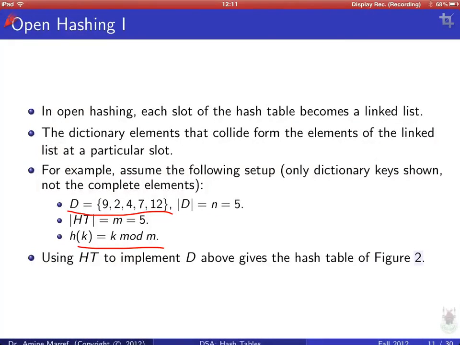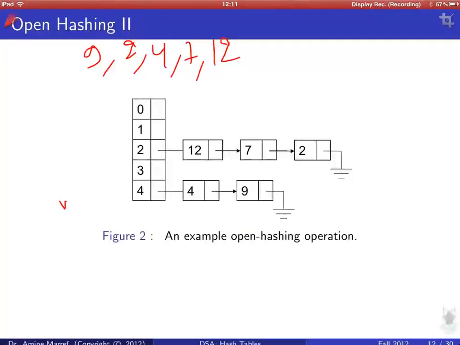The first thing we have to do is pass 2 through the hash function. It will give us the index 2. This is big O of 1. And then we have to perform an array access at 2. This is another big O of 1.